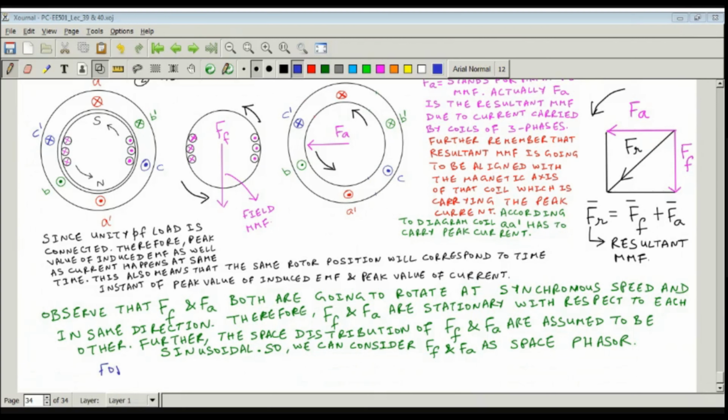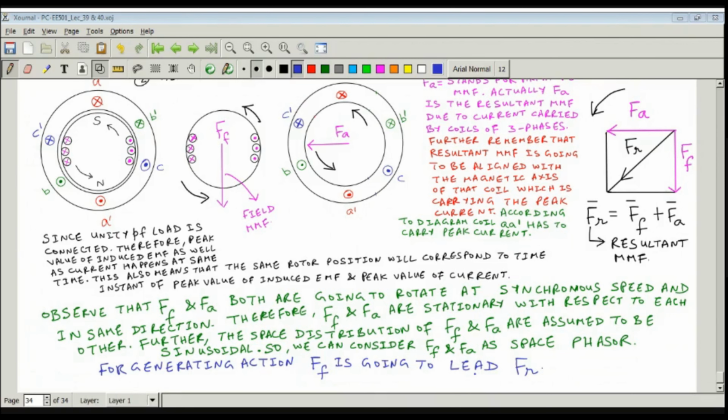What is FR? FR is the resultant MMF. So for generating action, FF is going to lead FR.